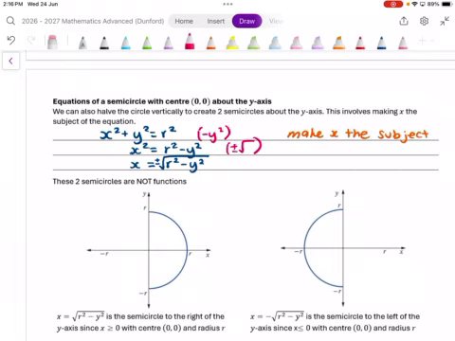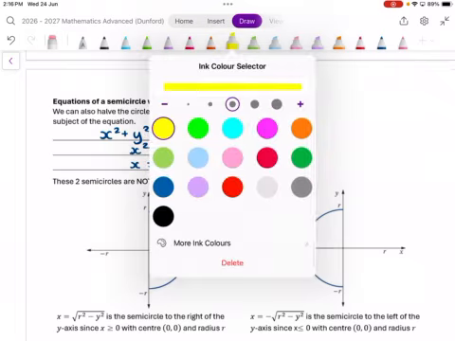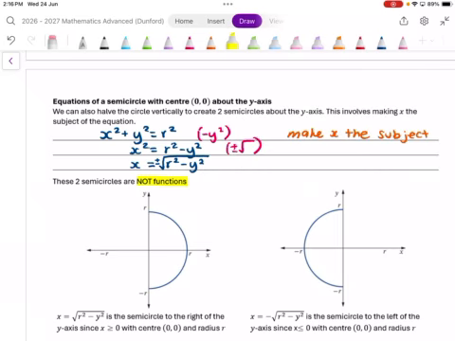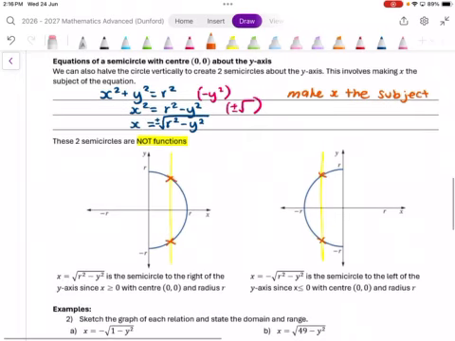Now, these semicircles are not functions. They're not functions because if we draw a vertical line, it crosses in more than one place. Okay, so our first semicircle is x equals the square root of r squared minus y squared. It is the semicircle of the function to the right of the y-axis.